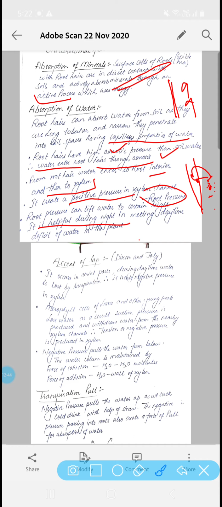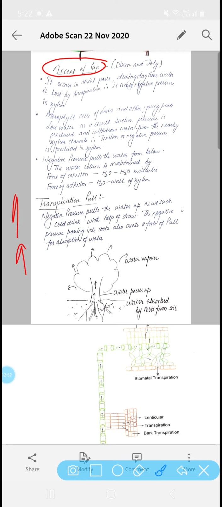Now there is another phenomenon which is termed as ascent of sap. Before starting the topic, we should know the meaning of ascent. Ascent means upward movement. Sap means the minerals when they are in dissolved form.